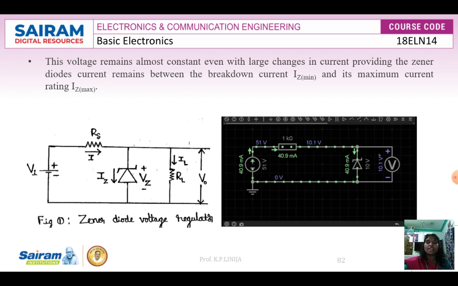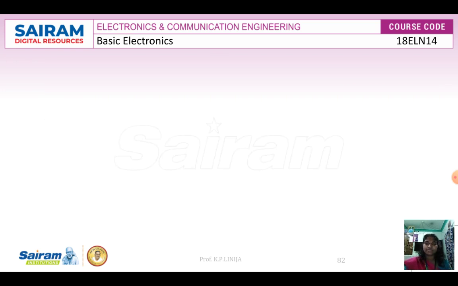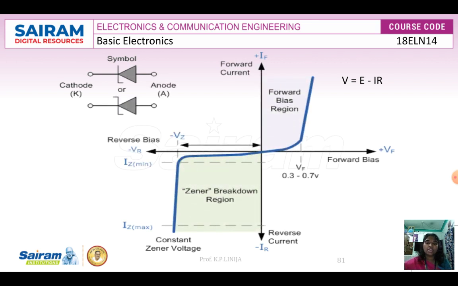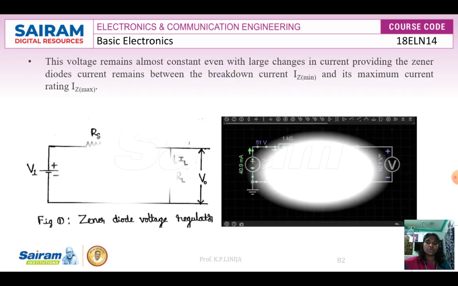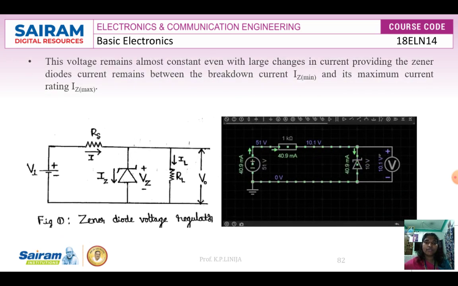In the VI characteristics we can see the Zener breakdown has two values, Zener current maximum value and Zener current minimum value. So this property is used here. The Zener diode current will remain between the minimum level cutoff and the maximum level cutoff.